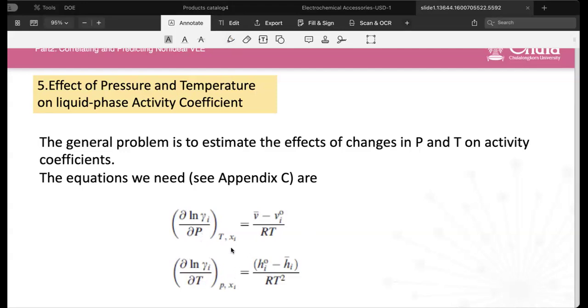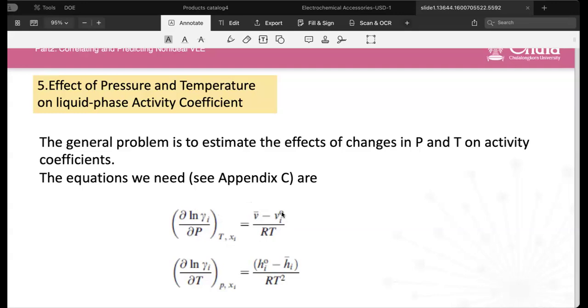The derivative of log gamma with respect to P equals V bar minus V0, over RT. Why this? The left hand side tells us how log gamma i changes when P changes, at constant T and Xi, of course. And on the right hand side, you see that how the activity changes with respect to P depends on the volume change.